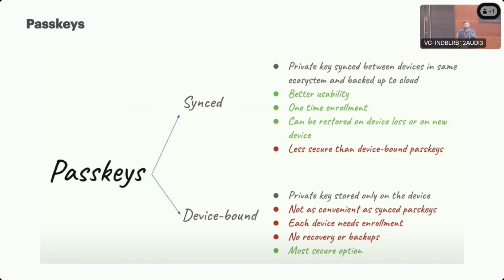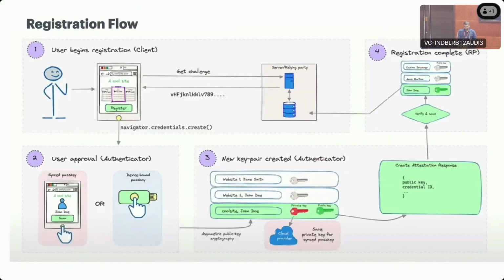If you are on an Android platform using Chrome, you have the Google Password Manager. It will store the private key for you, and that will get backed up in Google Cloud with encryption.